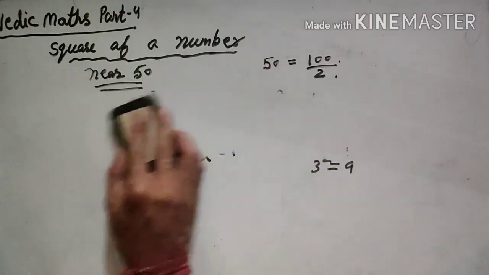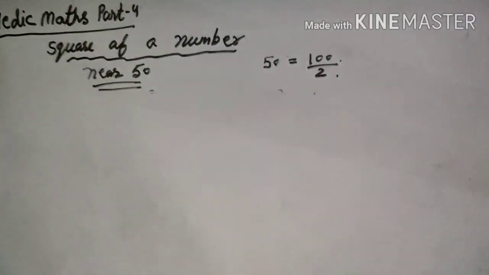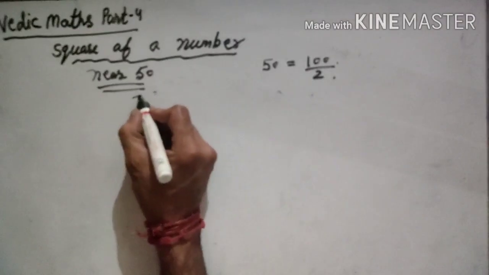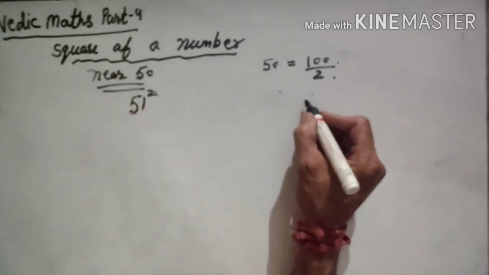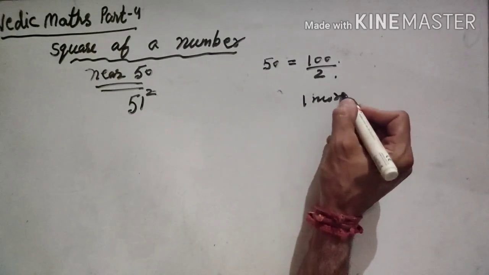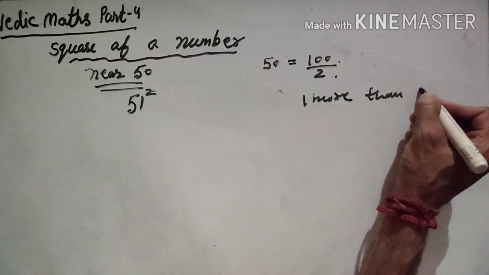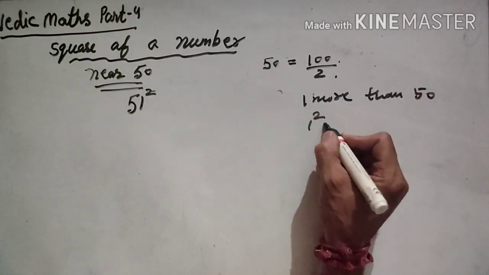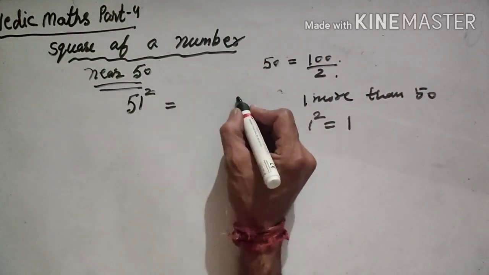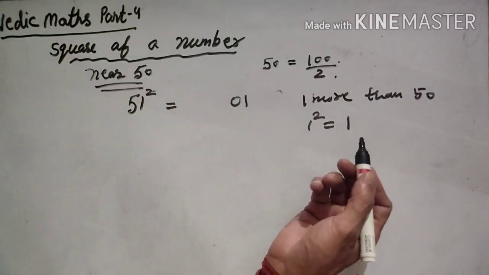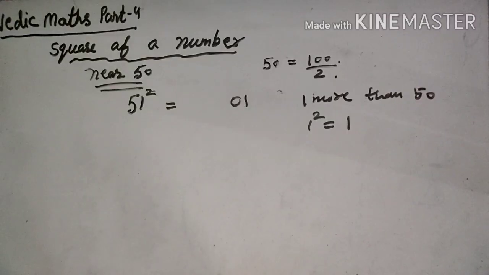Now near to 50 but more than 50, means 51 square. Again it is 1 more than 50, so square of 1 is 1. We put 01 and add 51 to 1, that is 52.